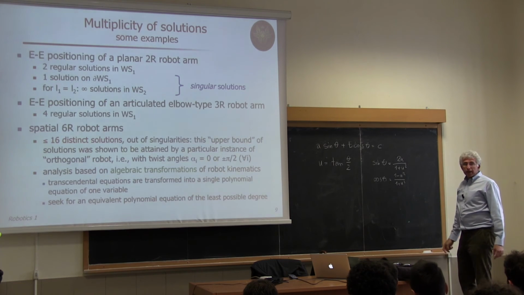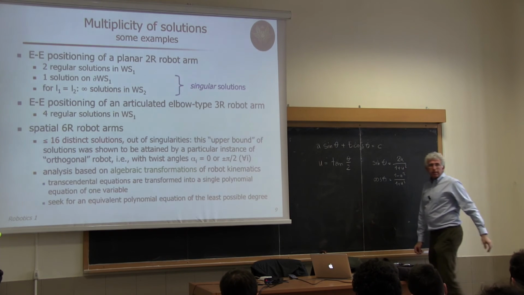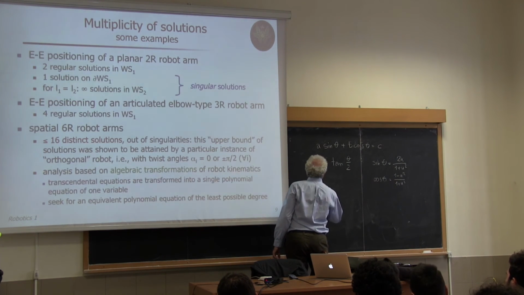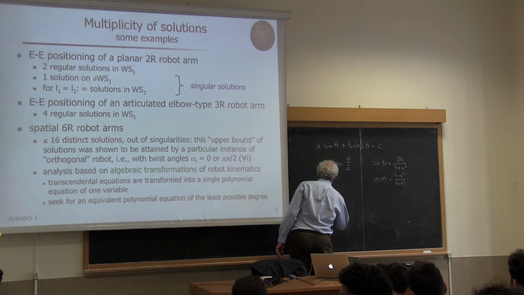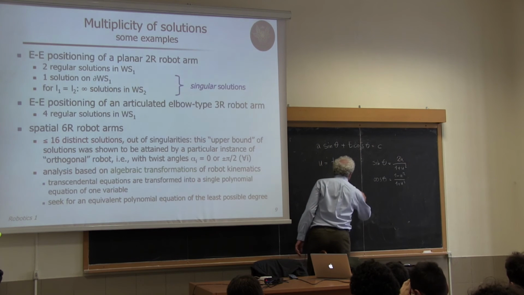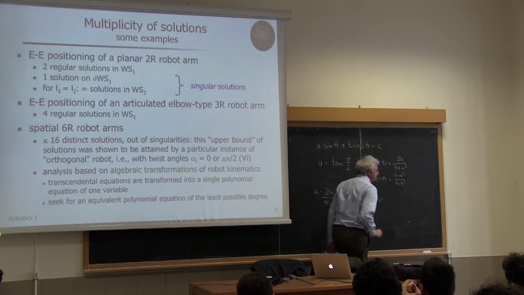Now let's cancel this and just keep this expression. And now we use this algebraic transformation to replace it into the original formula. And we have a times 2 times u divided by 1 plus u squared, plus b times 1 minus u squared divided by 1 plus u squared, equals c.